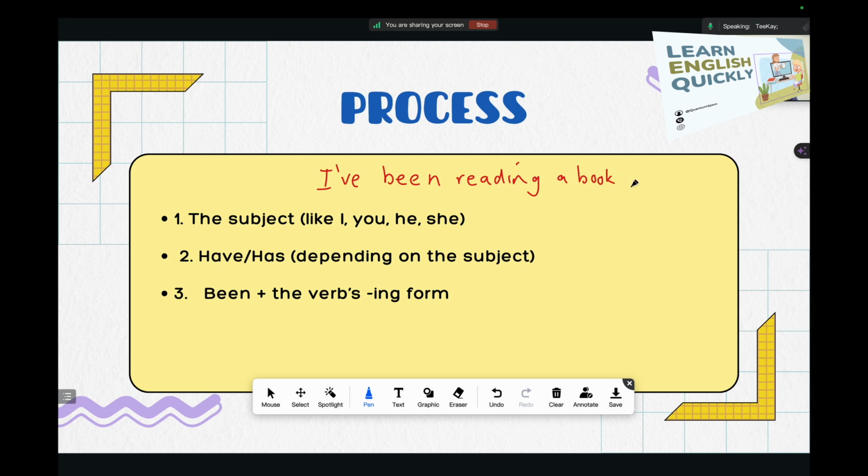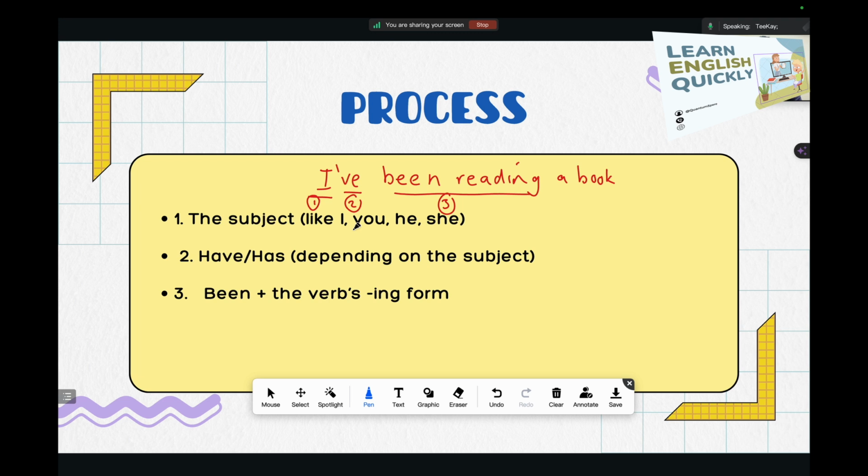Now, who can help us figure out which are the three parts we just talked about? Oh, yeah, very good. So our three parts here are one, two, and three. The first one is the subject, two is have, and three is been plus the verb's ing form.